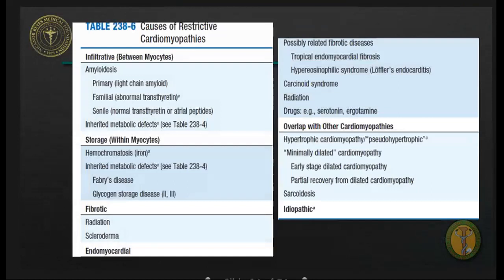It is broadly classified as infiltrative, storage disease, and endomyocardial. Most are due to infiltration of abnormal substance between the myocytes, storage of abnormal metabolic products within myocytes, or fibrotic injury.